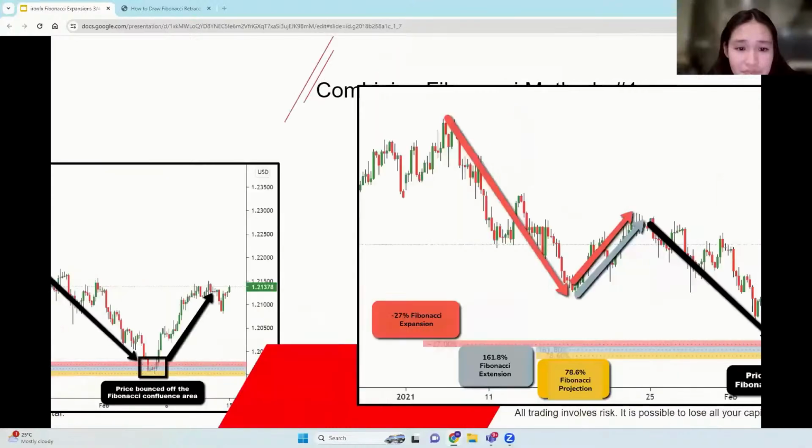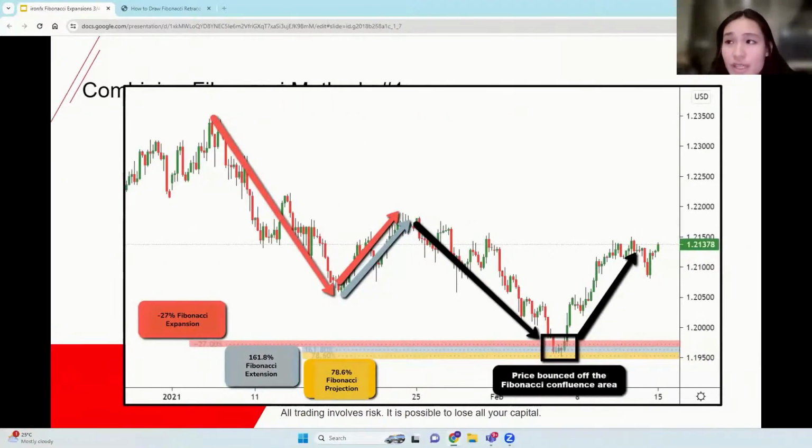Okay, let me zoom into the example. If you look at the red arrow, you can see a pretty obvious lightning bolt shape over here, right? The red arrow is our minus 27.2% Fibonacci expansion that we talked about today. And then our Fibonacci extension, which we talked about last week.